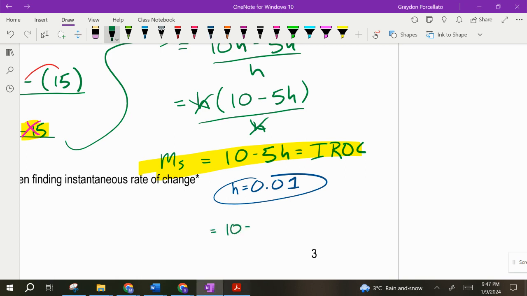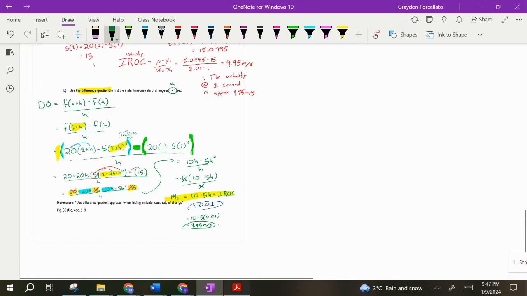We get 10 minus 5 bracket 0.01, and if I do that, I get 9.95 meters per second. Now notice that that value is equal to this value. Same thing, done two different ways. One using the difference quotient. The thing about the difference quotient is that it allows you to pick different values.